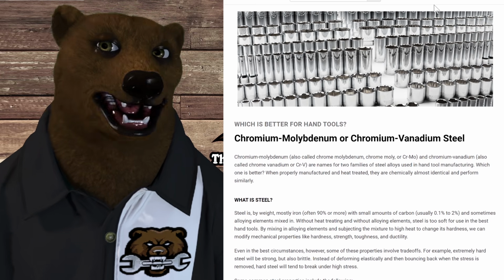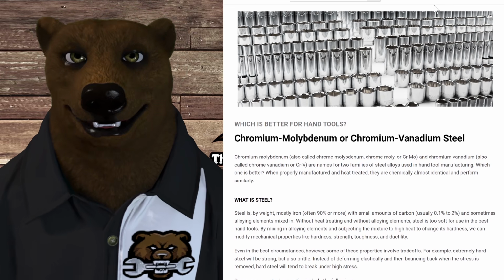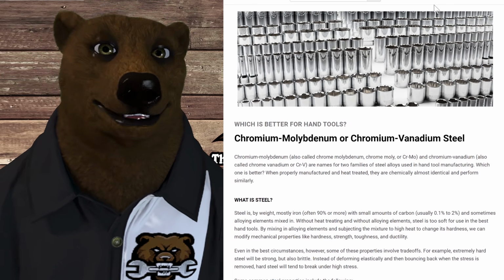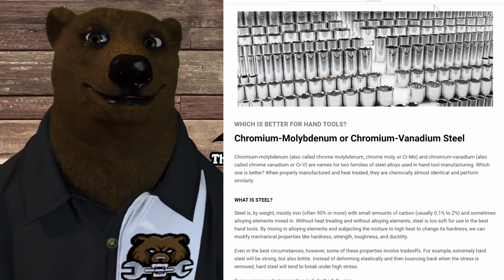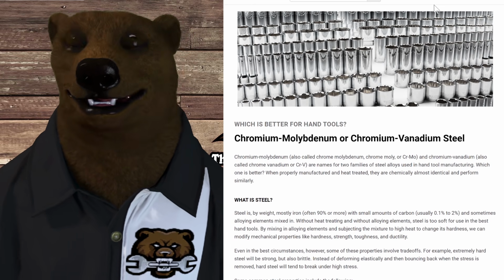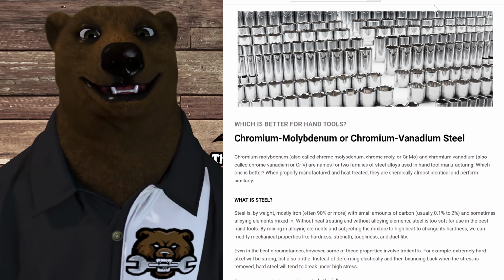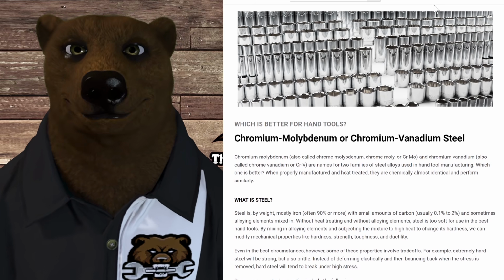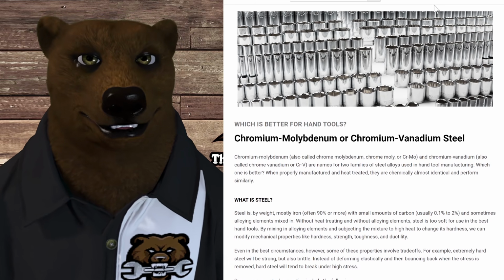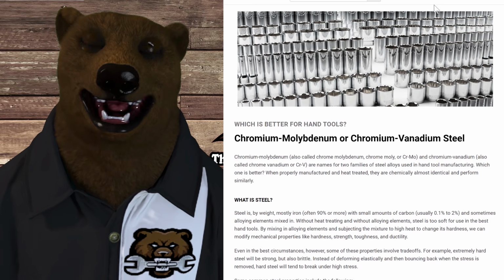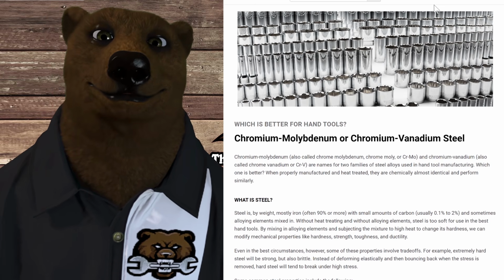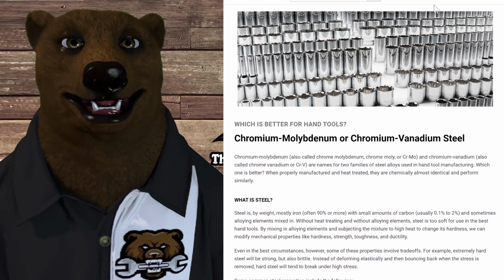Now, let's be honest. You will find impact sockets that are made in chrome vanadium. You will find hand sockets that are sometimes made in chrome moly. A lot of people think it's because it's cheaper and whatnot. It may just be that that's what that company has in their factory, what they're used to working with as far as steels. You can make one tougher than the other depending on how you mix it up.